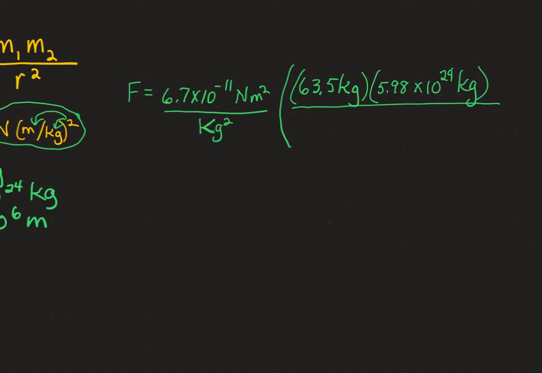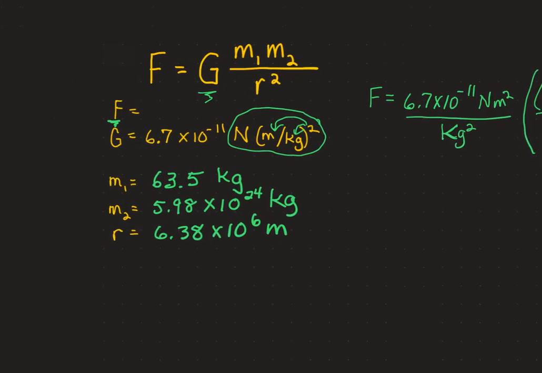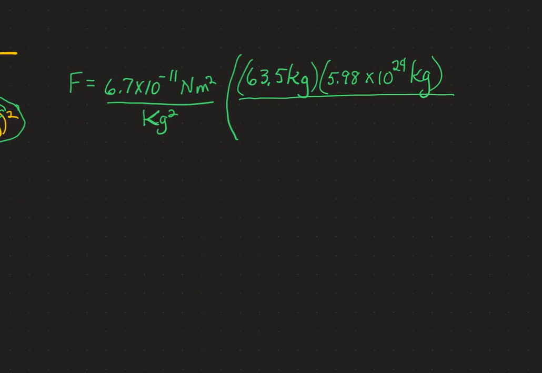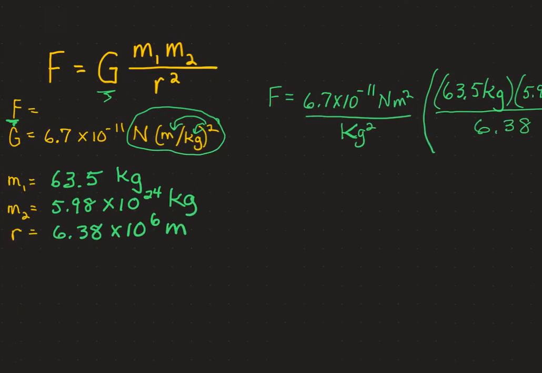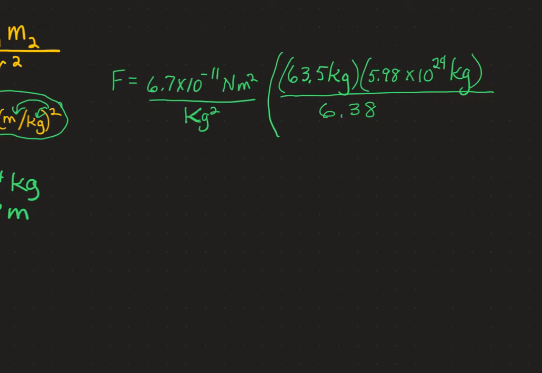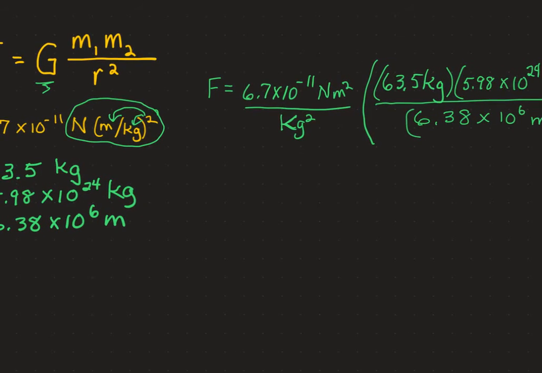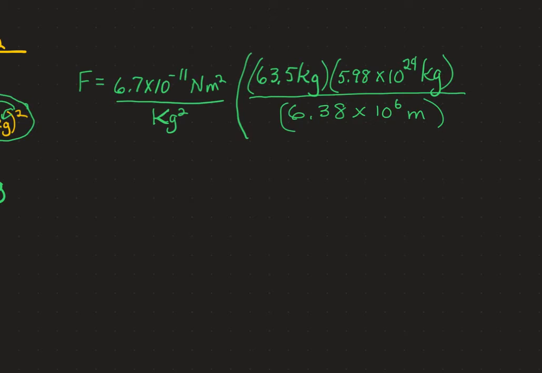Okay? But then we have to divide by the distance from the center of the Earth, which is 6.38 times 10 to the 6th meters. But remember, in the original formula, that's squared, so we have to square it. And that's going to give us meters squared, which will cancel with that meters squared.